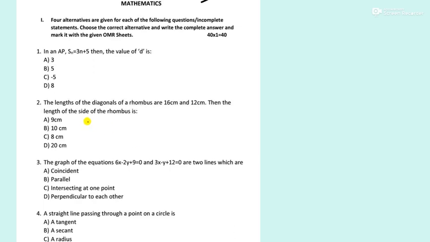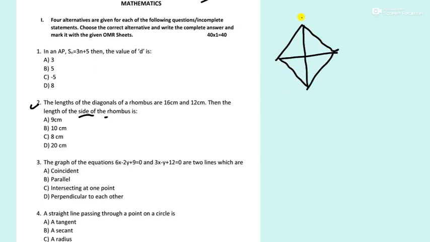So second question is, you can read it here. The lengths of diagonals of a rhombus are 16 and 12 centimeter. The length of side of rhombus is dash. So if you have seen a rhombus, it looks like this.